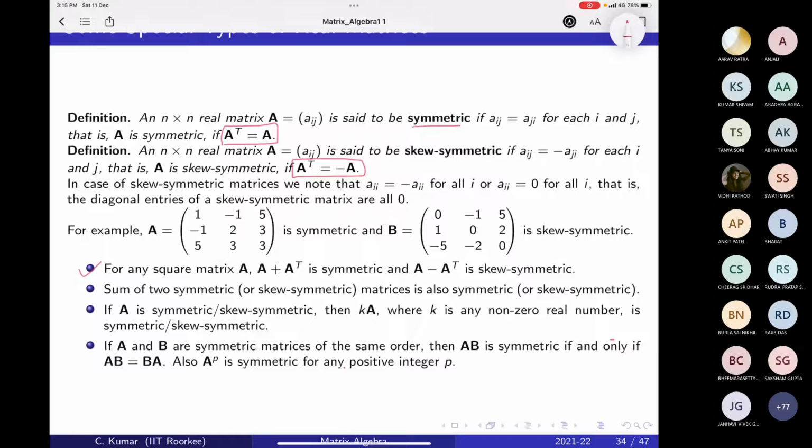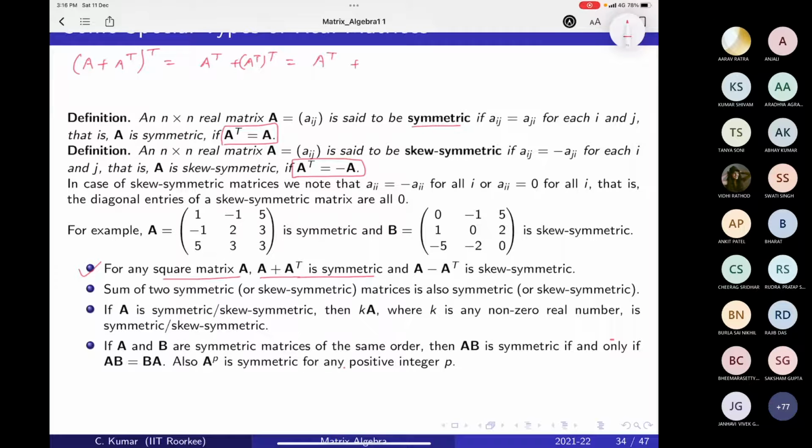The first one says that for any square matrix A, A plus A transpose is symmetric. This can be proved easily. To prove this, we can calculate the transpose. So we have A plus A transpose, this is my matrix, and I take the transpose of this. So this will be A transpose plus A transpose transpose.